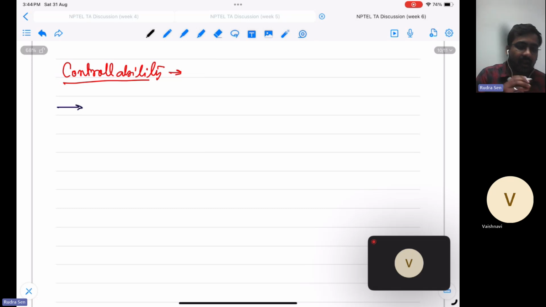if there exists a control input which can transfer a system from x0 to x1 in finite time.